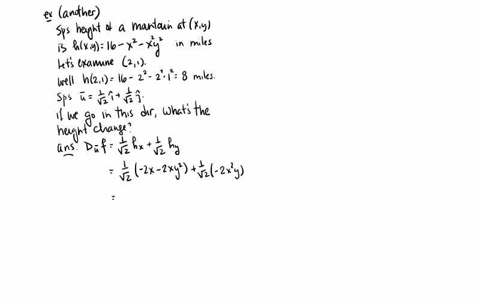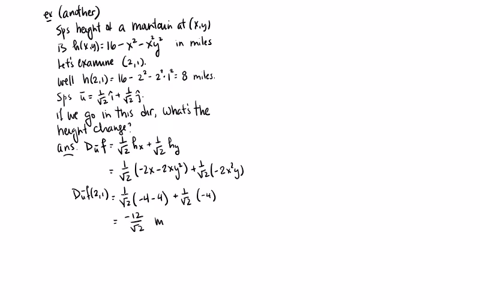If we plug in our point, we get 1 over root 2 times negative 2x, which is negative 4, minus 2xy squared, which is negative 4, and negative 2x squared y is negative 4. So we get negative 8 minus 4, which is negative 12 over root 2.